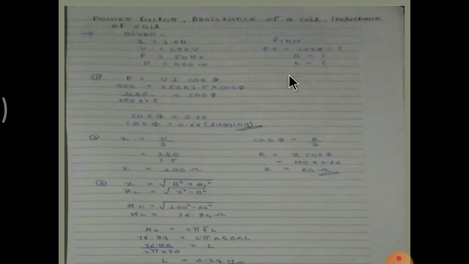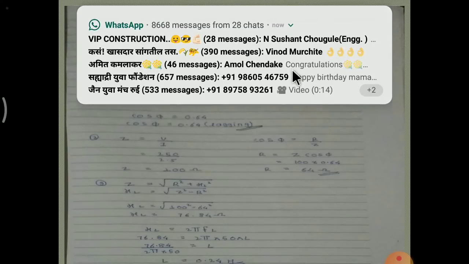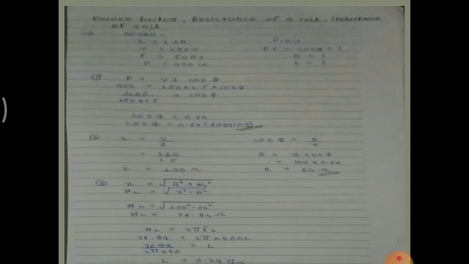Now we calculate the value of resistance using power factor, cos phi. We have already calculated the value of the inductor L, that is 0.24 Henry. Now we have to calculate the value of R. Cos phi is equal to R upon Z, so R is equal to Z into cos phi.